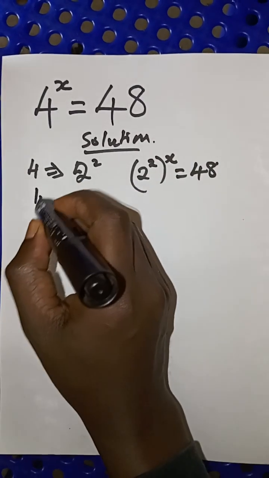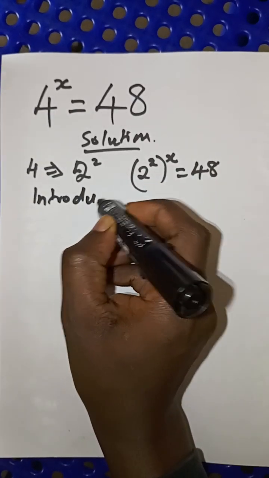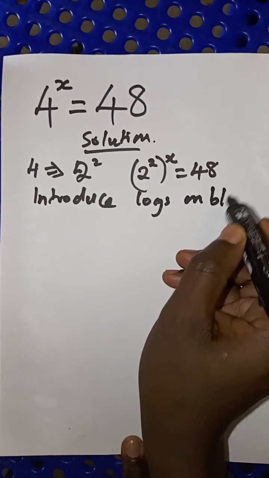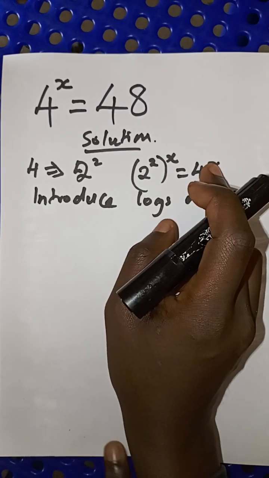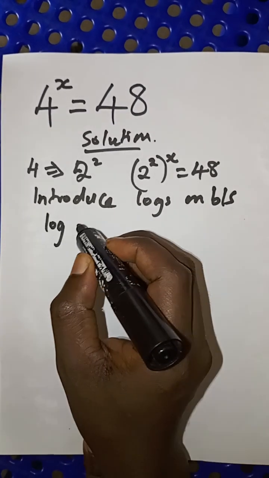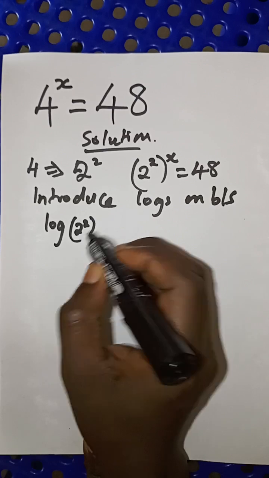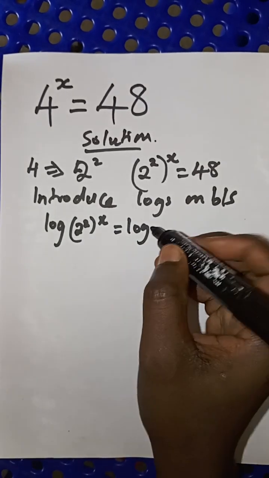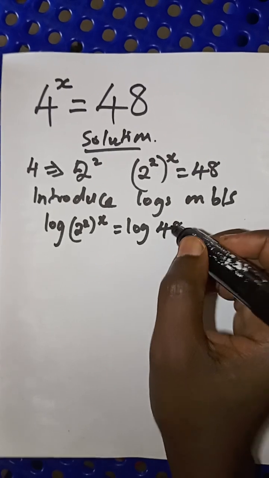So I'm going to introduce the logs on both sides of the equation so that I end up with the log of 2 raised to 2 power x should be equal to the log of 48.